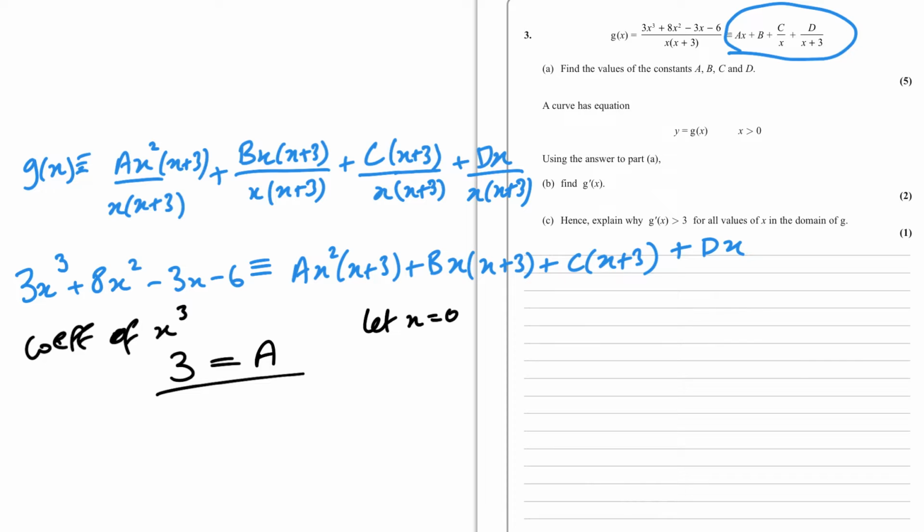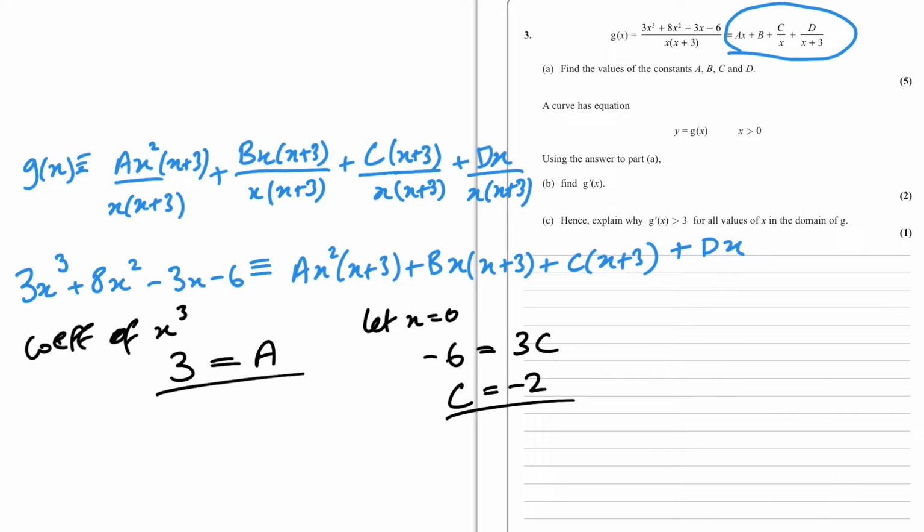So on the left side I've got 0, 0, 0, just minus 6. On the right it's going to be 0, 0, 0, so I've just got 3c. So c has got to be negative 2. So that's two nice and easy ones found straight away.